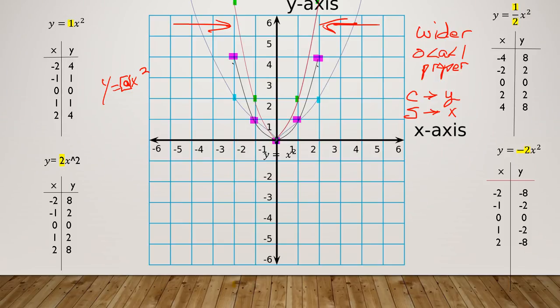That's stretching it. But if you were to put your left hand on the bottom of the function and your right hand on the top of the function and squeeze it, it's being compressed along the y-axis. Okay? So if a is between 0 and 1, it's wider. If it's above 1, it's going to be thinner.